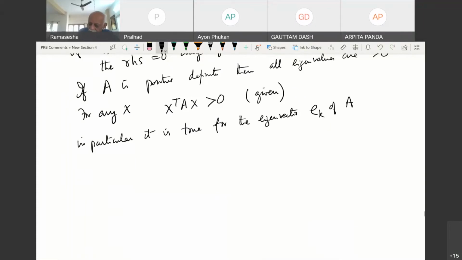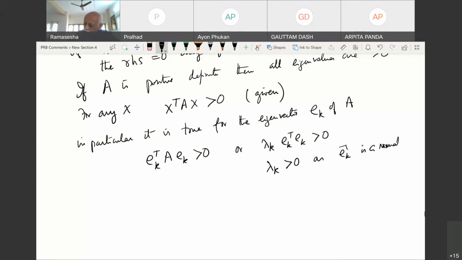So I have lambda k greater than 0, as Ek is a normalized vector. So it is true for any eigenvector: x transpose A x greater than 0 means that the eigenvalues are greater than 0.